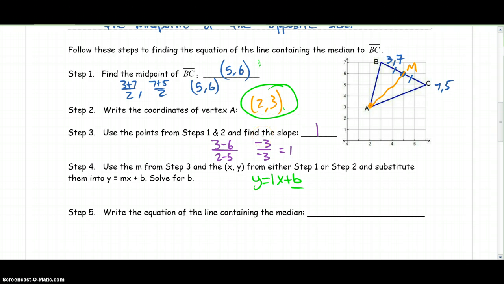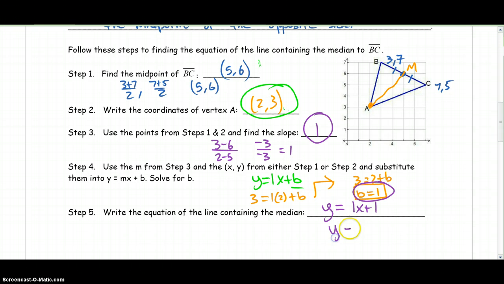I substitute that in, and 3 is equal to 1 times 2 plus b, or 3 equals 2 plus b, so b is equal to 1. Now I know that my slope of 1 and my y-intercept of 1 generate the equation of the line containing my median: y equals 1x plus 1, or y equals x plus 1.